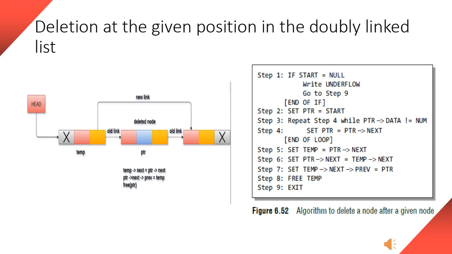Start traversing the linked list from the head until the position equal to 2 of the node to be deleted. Let the node at position 2 of the list be temp. Assign the next pointer of temp to temp's previous node's next pointer. Then assign temp's previous pointer to temp's next node's previous pointer. And then after that, delete the temp node.